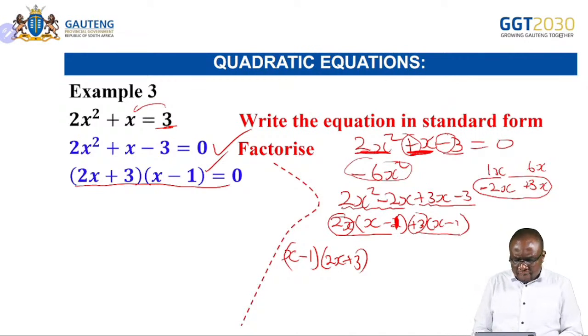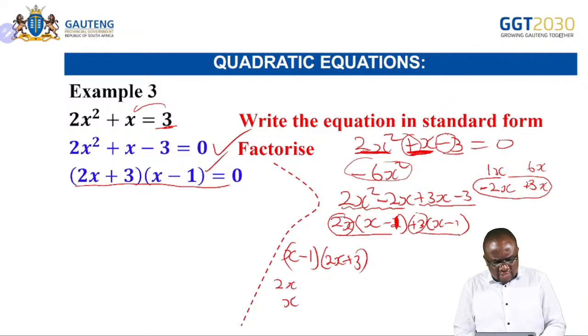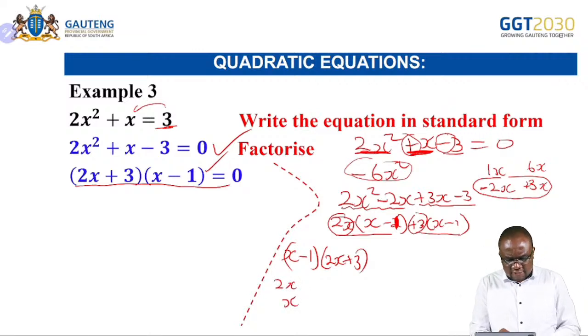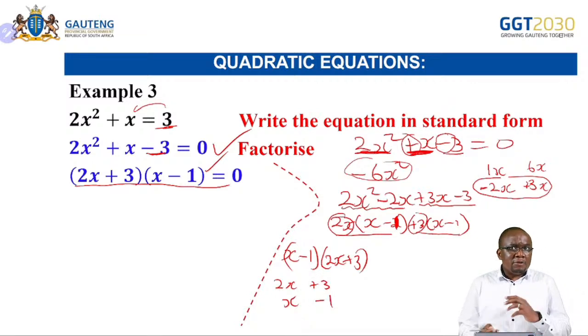The other method you can use: the factors of 2x squared can be 2x and x. And the factors for negative 3 can be positive 3 and negative 1. Remember you can try different combinations.